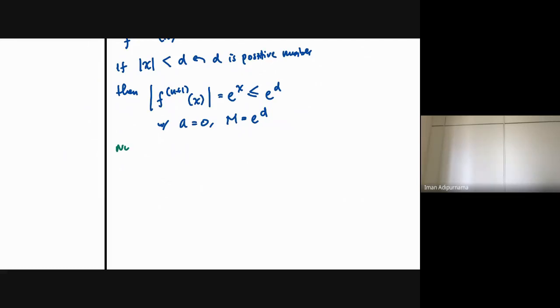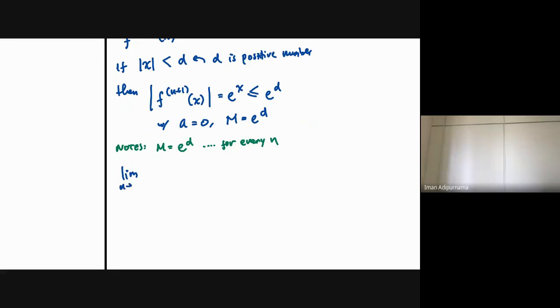Let me write some notes here. Note: M equals e to the d, and it works for every n.